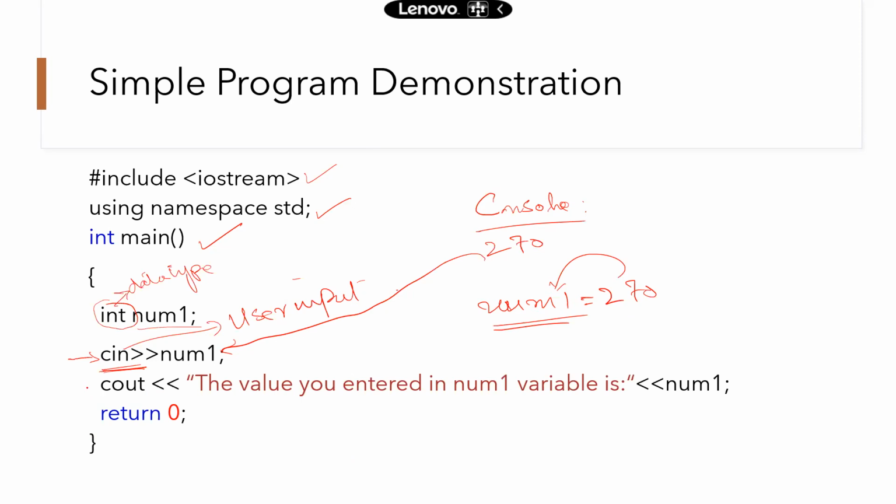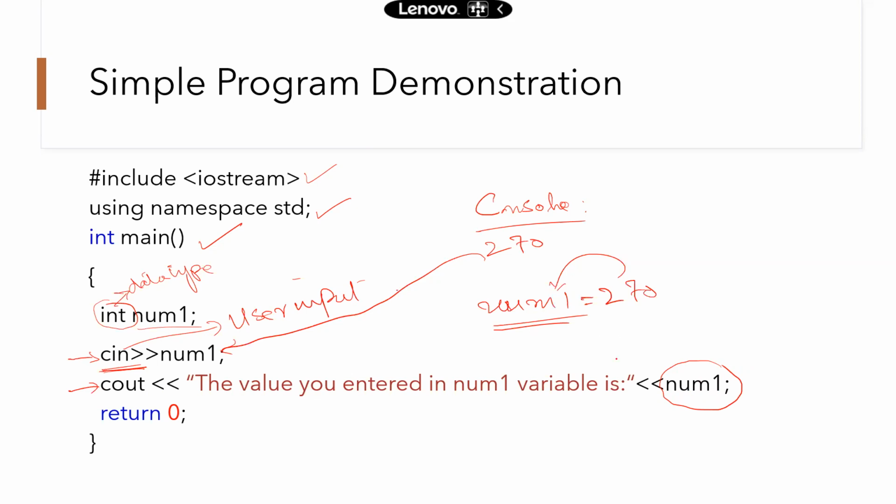Now that we have had an input, we are going to cout. And the cout is the value you entered in the num1 variable is num1. Now exactly this num1, I'm not going to say it's 270, I'm going to say it's num1, right? So anything outside the quotes, if it contains any value, it will give you that value as an output.